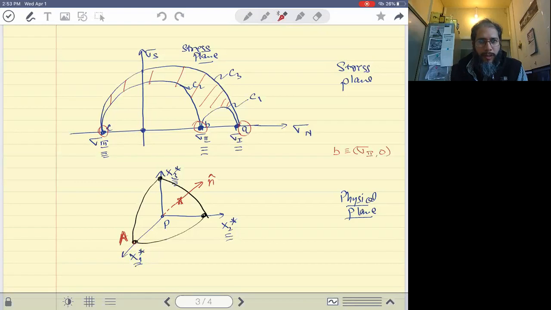So a normal for small a, which is this one, corresponds to the capital A point which pierces out from the sphere surface. Similarly, small b, which corresponds to sigma 2, the principal stress sigma 2 will correspond to capital B here, and the point C will correspond to the point capital C, which is on the X3 star axis.